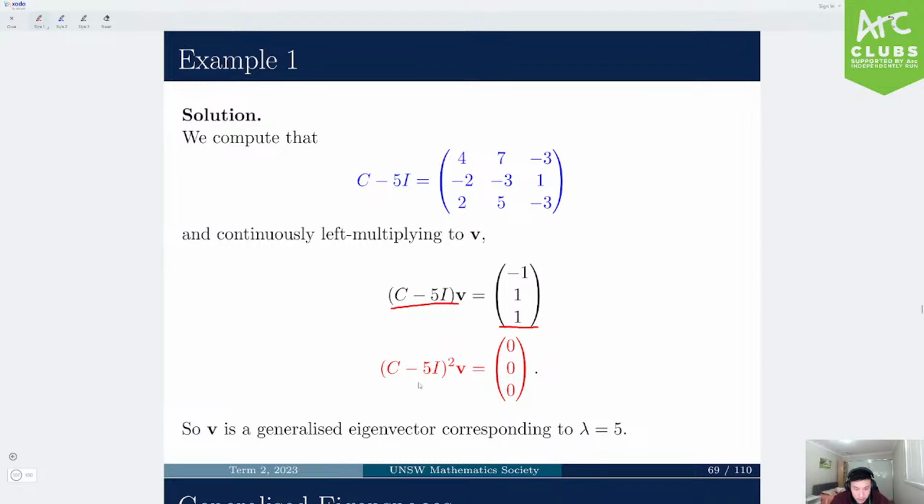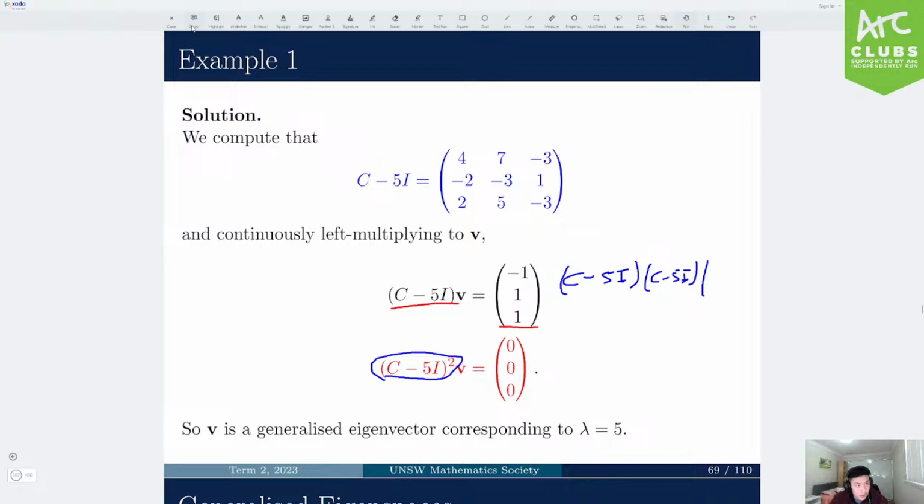And if we notice this guy here, C minus 5I all squared, we don't actually calculate the matrix squared because that's going to take a really big effort. What we instead do is we actually calculate C minus 5I times C minus 5I times the vector v, which was, what was the vector v?